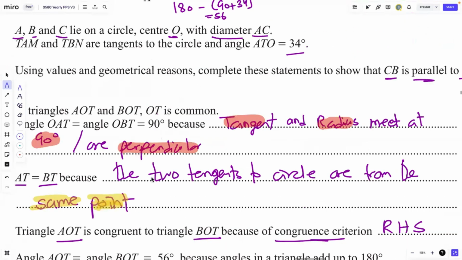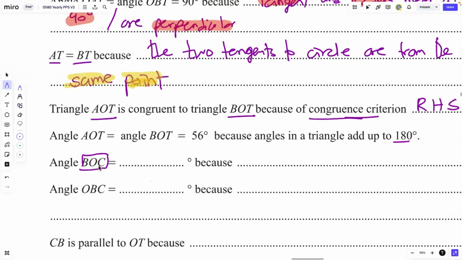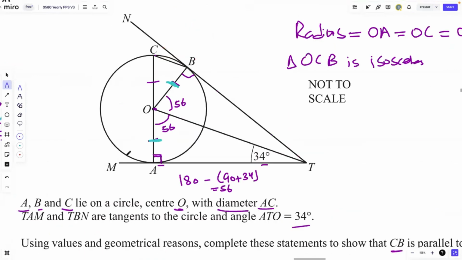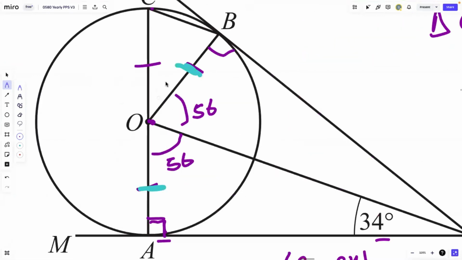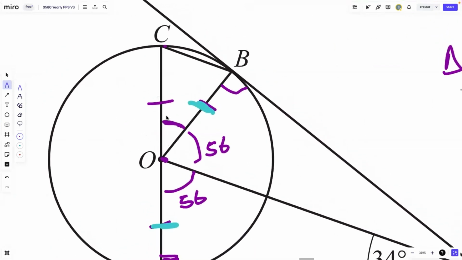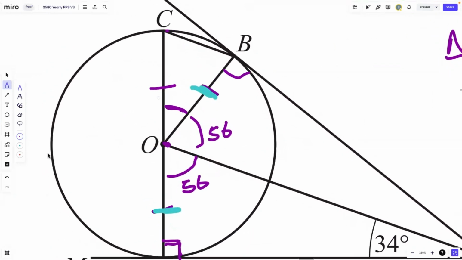Now he's asking us to calculate the angle BOC and also write the reason for that. BOC is going to be this angle. For this angle, you need to look at the fact that it's a complete straight line, and on a straight line the entire sum of angles is 180.